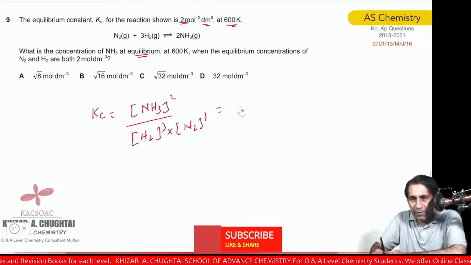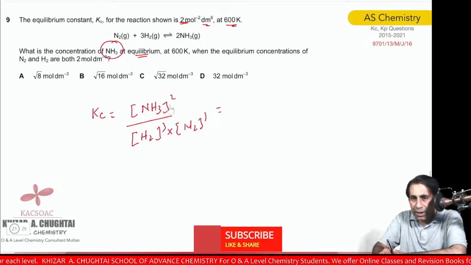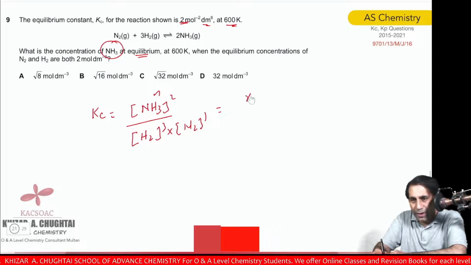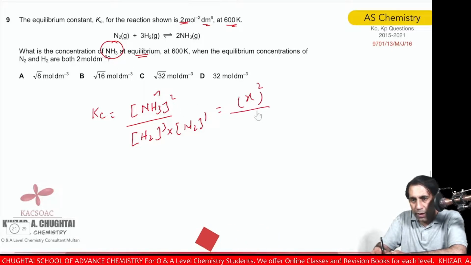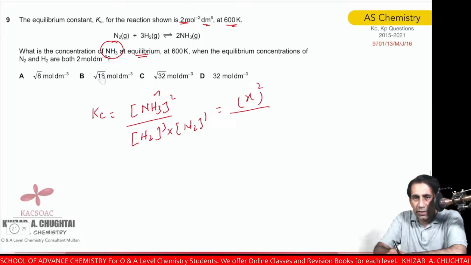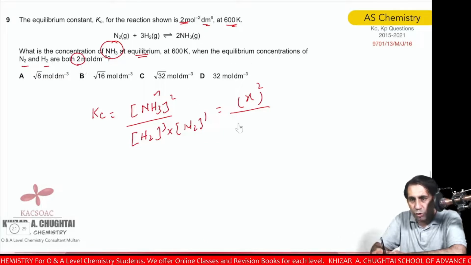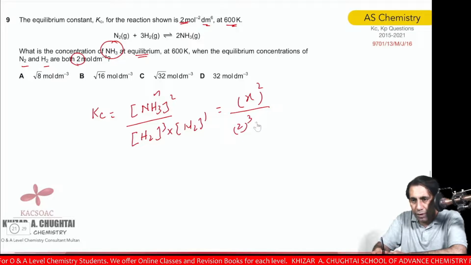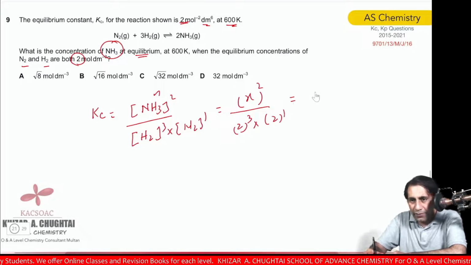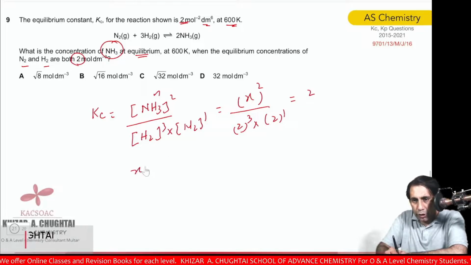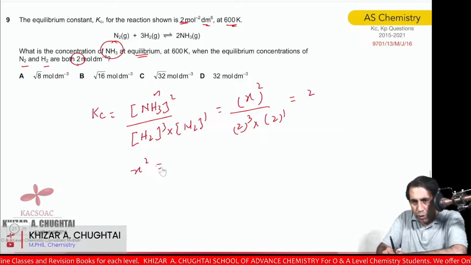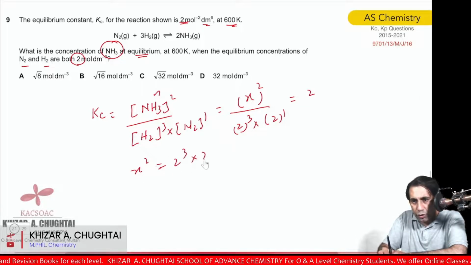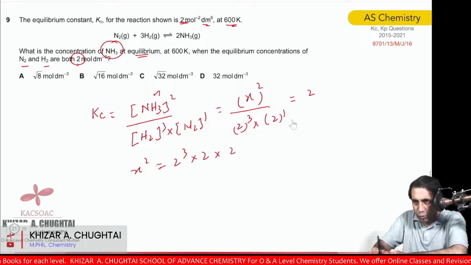So Kc is given and we are supposed to find the concentration of NH3. Let's suppose the concentration of NH3 is equal to X. So X square divided by the concentration of nitrogen and hydrogen. Both have the same value, 2 mole. 2 raised to power 3 into, once again, 2 raised to power 1. And the answer of Kc is also equal to 2. So X square is equal to 2 raised to power 3 into 2 into 2.